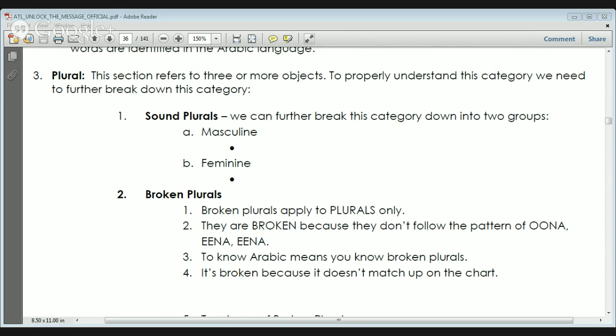Take out a sheet of paper that you can write on and a pen or pencil. We're going to create a chart. Actually, you guys are going to write the chart.